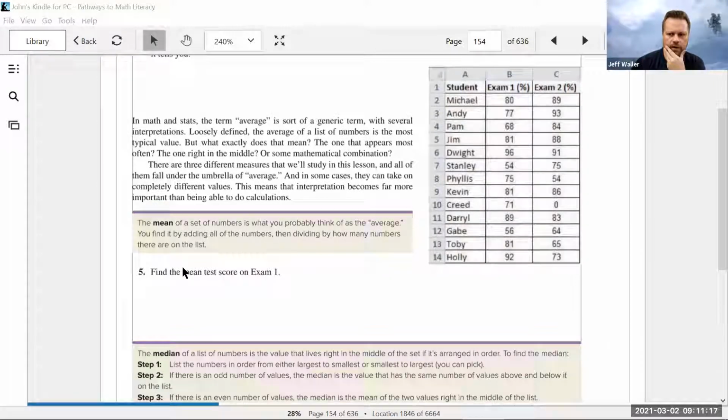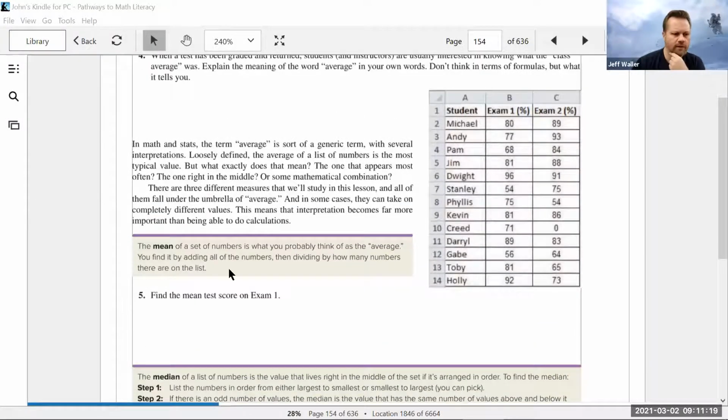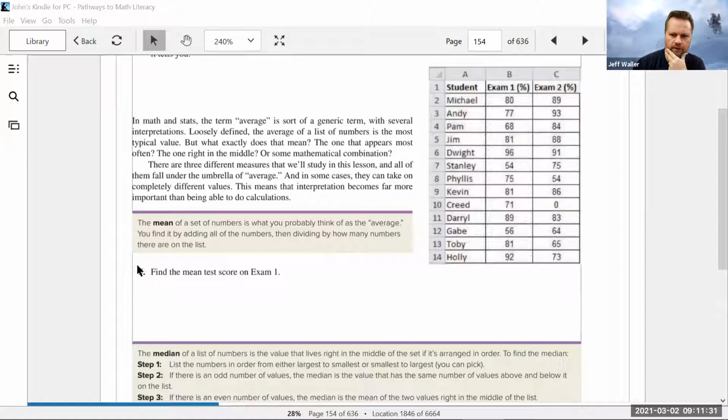So can you guys, hopefully you have a calculator as you're supposed to. Can you very quickly figure out the mean of these numbers for exam 1? We're going to do number 5 here. What's the mean on exam 1?